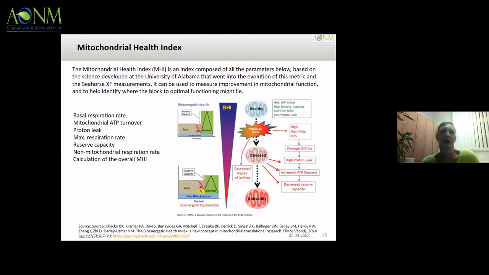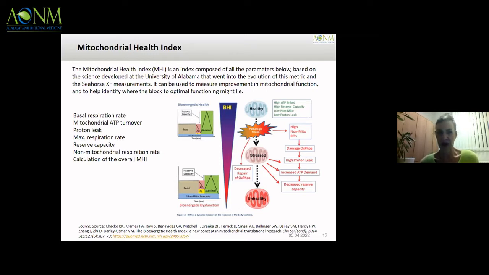So the mitochondrial health index is really an index of a lot of parameters. It's not only one parameter. The science of the mitochondrial health index is very old, centuries ago, but it was really very well developed at the University of Alabama, which did a lot with the Seahorse measurement.